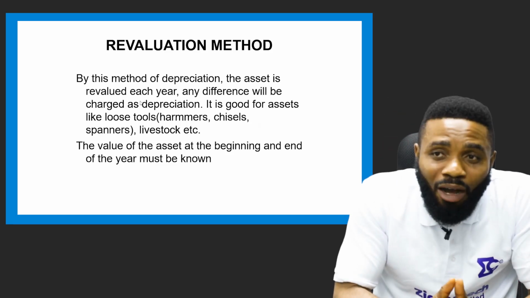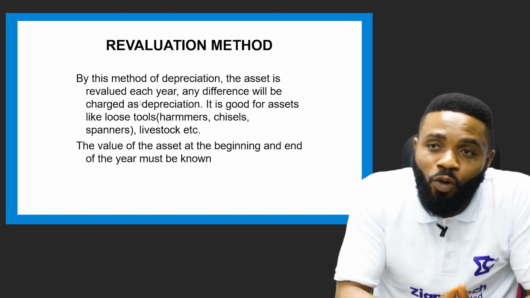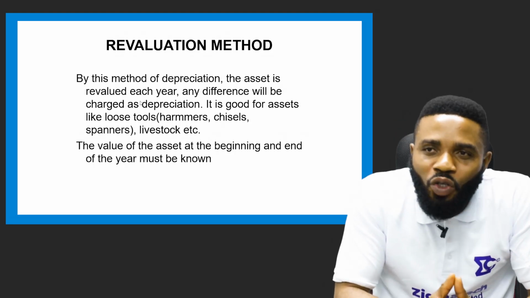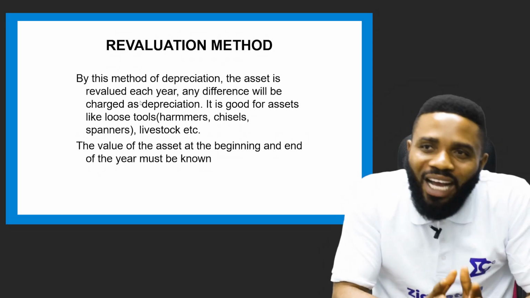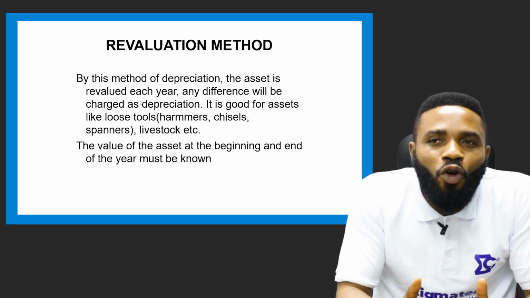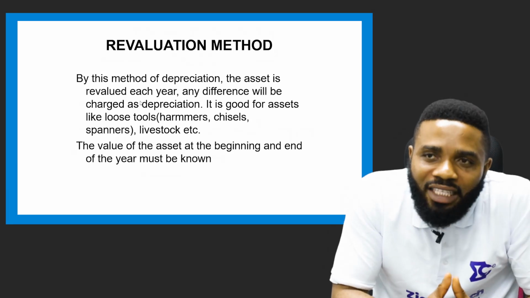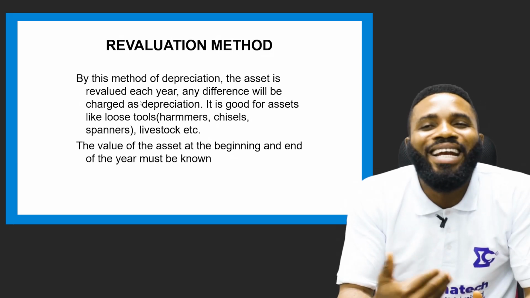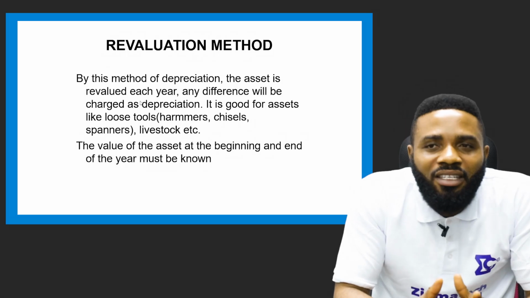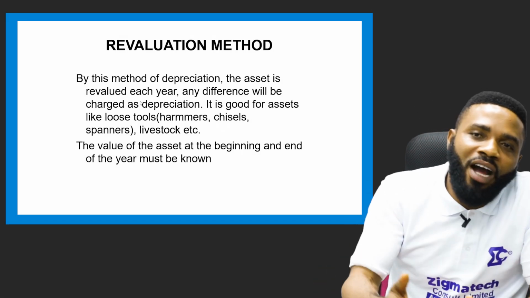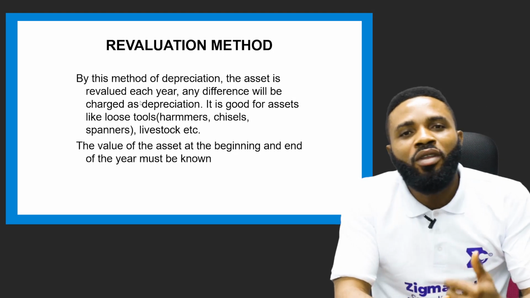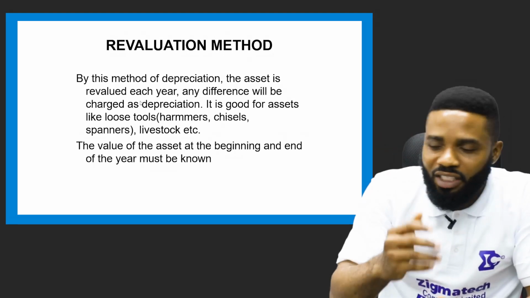If you buy land now, 5 million for a plot, you can be very sure that in 20 years to come, you will not be able to buy it at 10,000. It must be higher than 10,000. So you see people that will secure land now and want to sell it later in life. Land also needs to be revalued. By the time you revalue it, the difference between the old price and the current price will determine your depreciation.